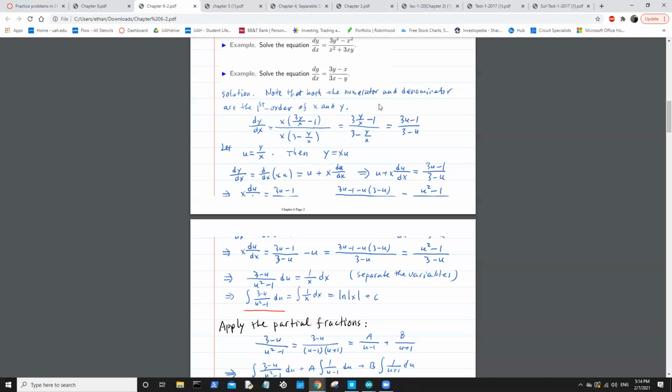Okay, well, his first step for his separation is doing 1 minus u, or our first step is going to be 1 minus u over 1 plus u, minus u, and then we're going to have to do the whole combine thing.